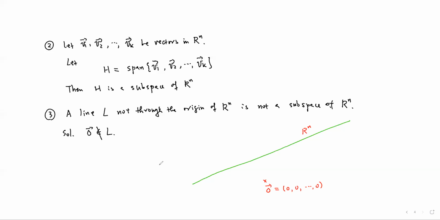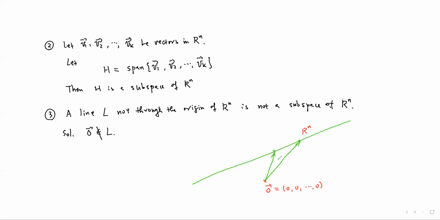And also easy to see that this L is not closed under vector addition. Let me pick 2 vectors. Say, pick this point on the line. Let me draw an arrow.